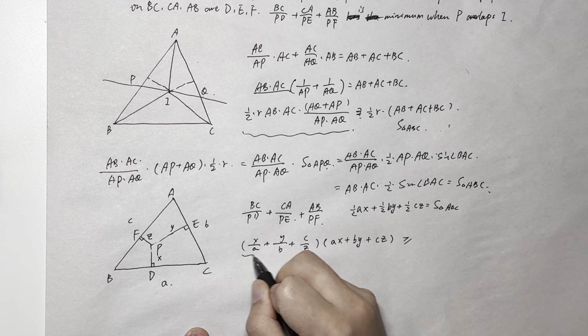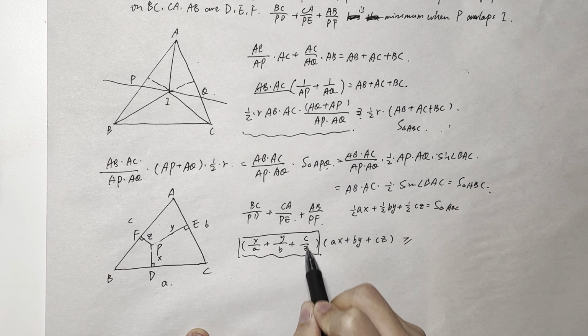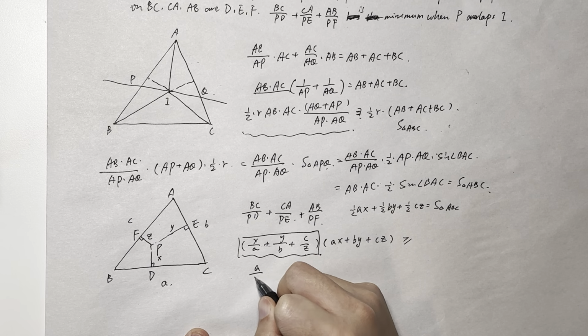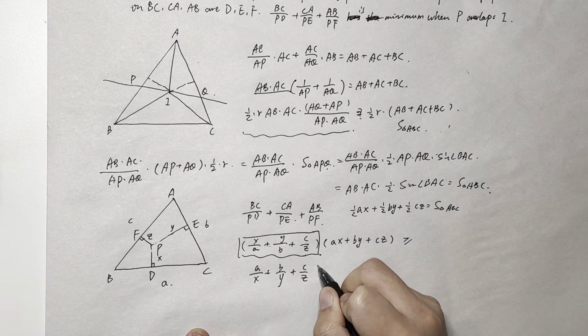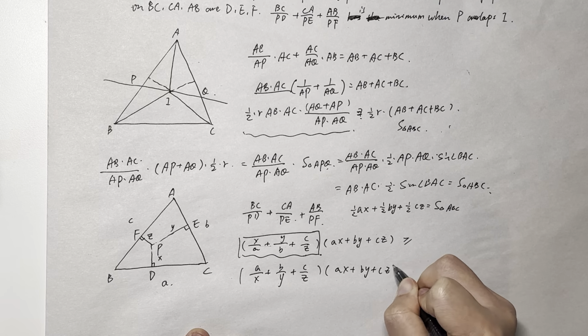This is wrong. This is c over z. Sorry, so it should be a over x plus b over y plus c over z, right? Times ax plus by plus cz, right?